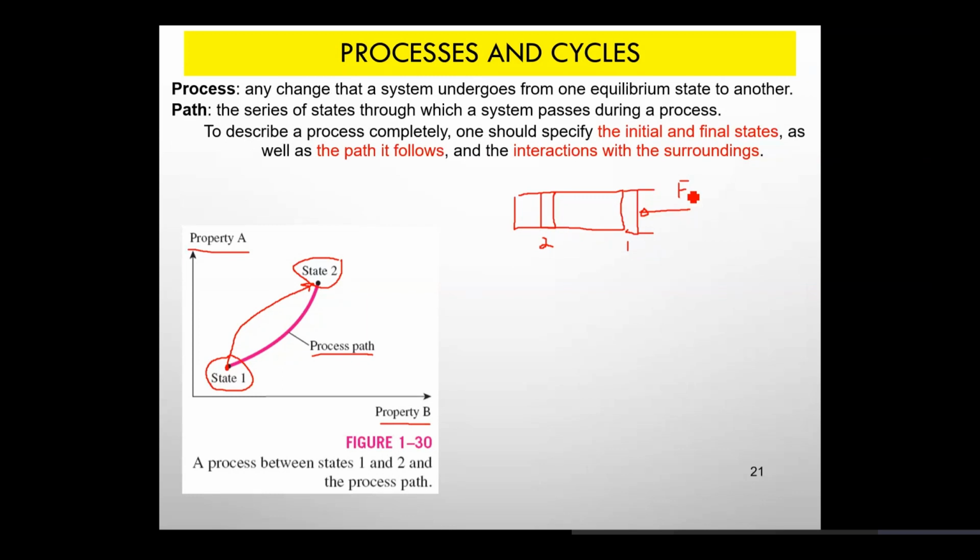Clear? When I apply a sudden force, the region of the system, or the molecules which are close to this piston, will experience a sudden force. So over here, there would be a sudden rise in pressure. In this region, the pressure would drastically go up.